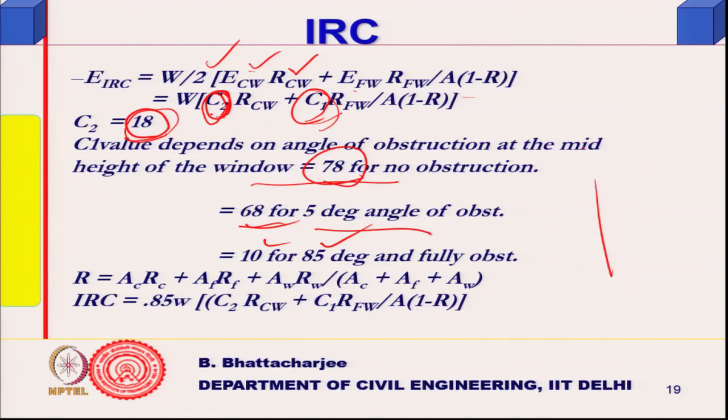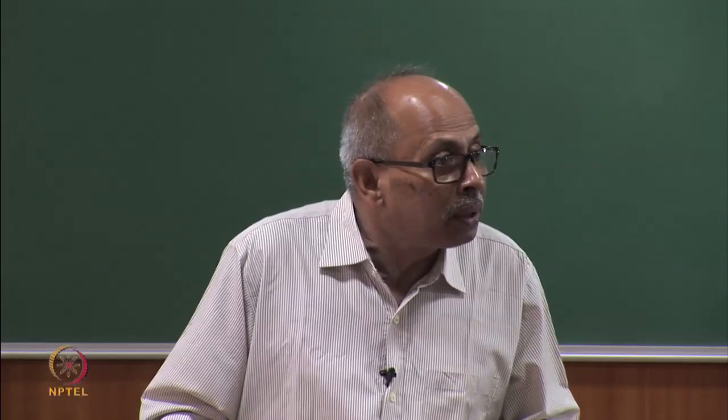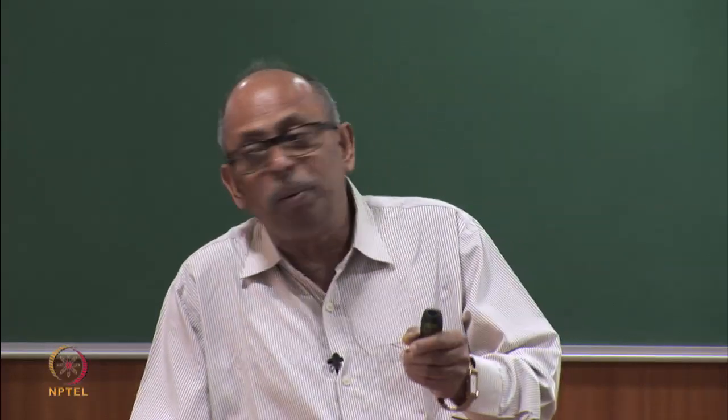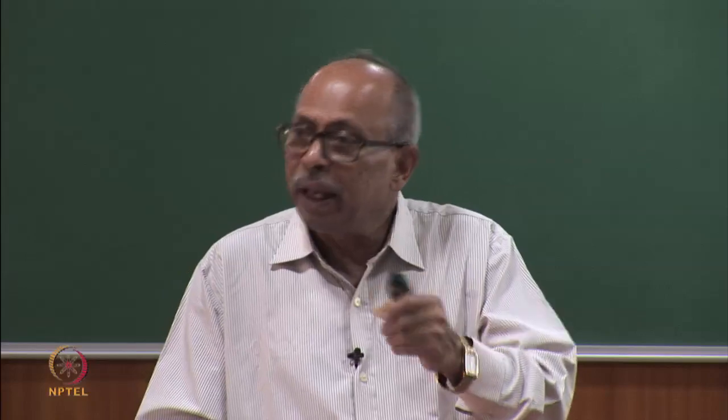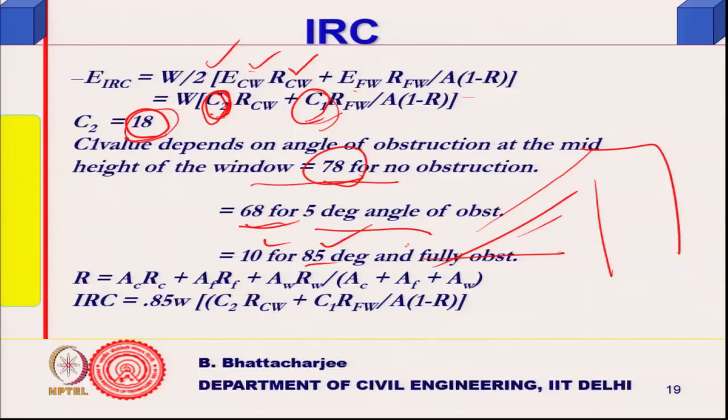If the obstruction is full, then the light comes from the external obstruction only, so IRC is contributed by flux coming from the external obstruction. If it is 85 degree or full, then this value is much less. If the sky is open, you get 78 fully open, and 68 for a 5 degree angle of obstruction, where a little bit is obstructing and the rest is all free.